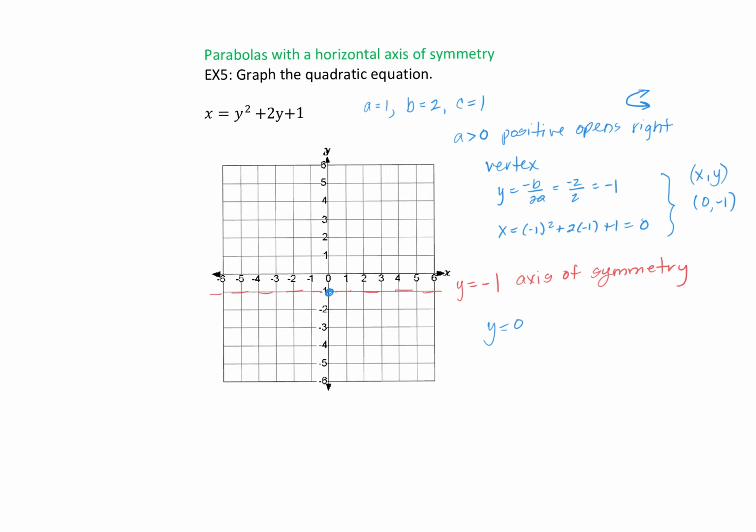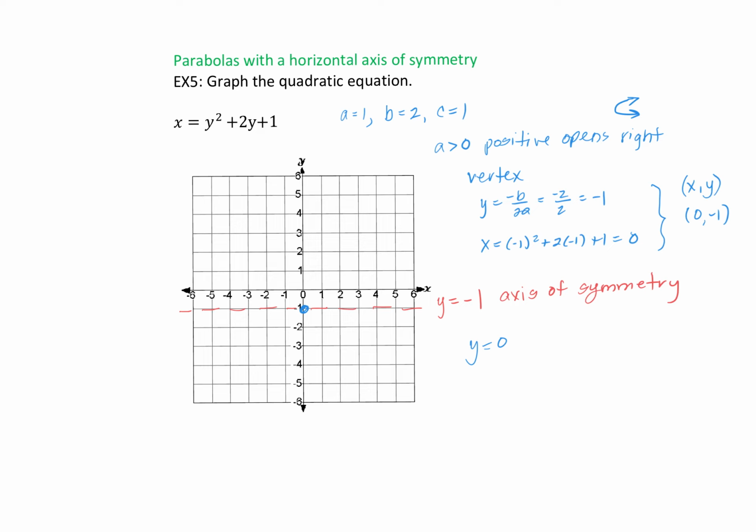And no. If I put in a value for x, so let's just say I put in x is equal to 0. Notice that I'll get y squared plus 2y plus 1 equal to 0, and I have to solve a quadratic equation, which can be complicated in order to find those y values. It's much easier, since the y is squared and the x is not, to put in values for y.